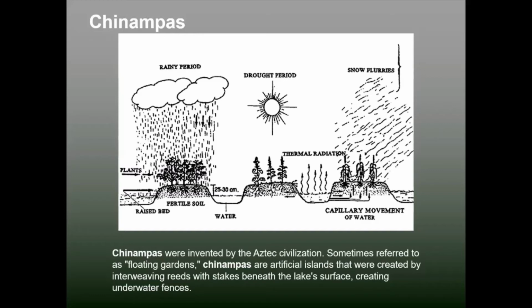They did it by creating artificial islands, built by interweaving reeds with stakes beneath the lake surface, creating these kind of underwater fences, and then they would build soil on top of those little islands to grow food on. It was an incredible practice that they developed in response to fluctuating drought and rainy periods, and it was incredibly successful for them.